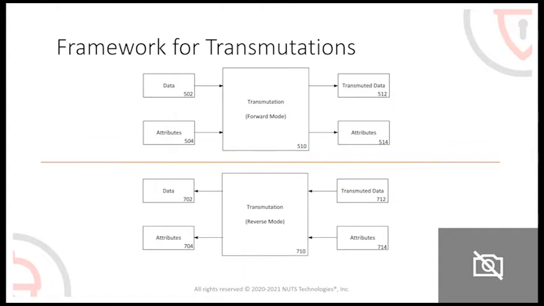The next step is to create a framework where these transmutation commands can interoperate in a very smooth fashion, and we could put a structure around it. The way we look at transmutations is we do this analysis where we look at them from a forward mode and then a reversing mode.